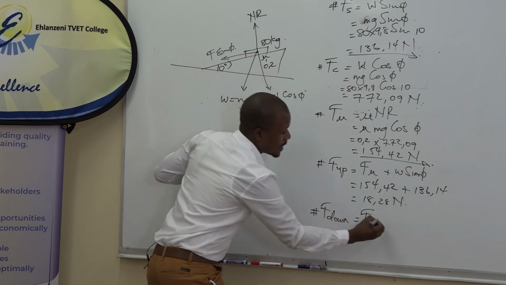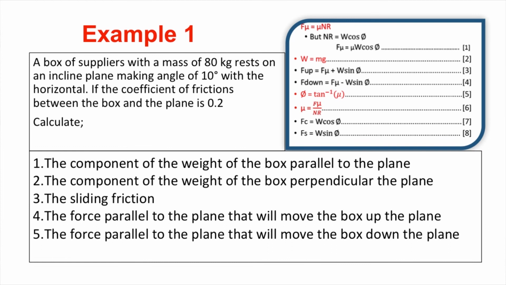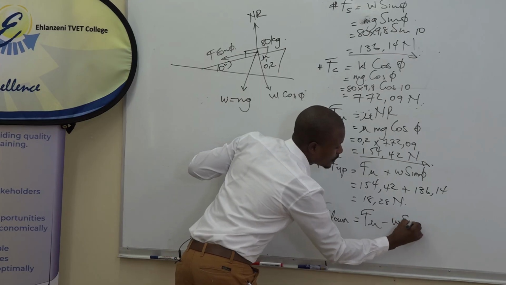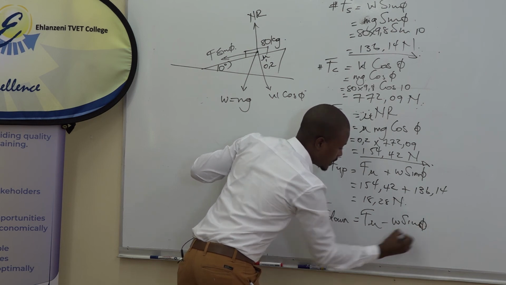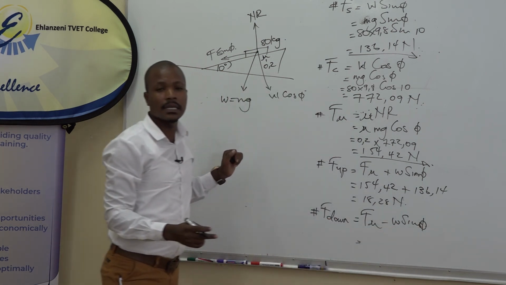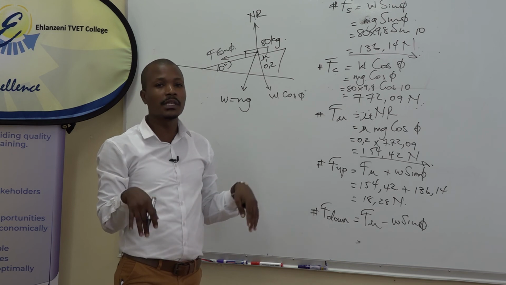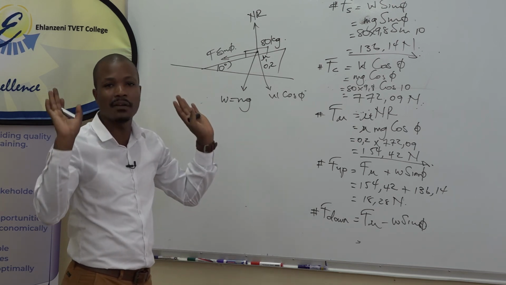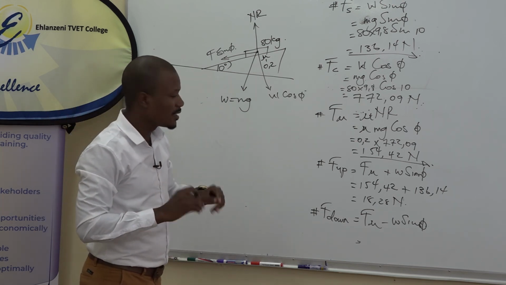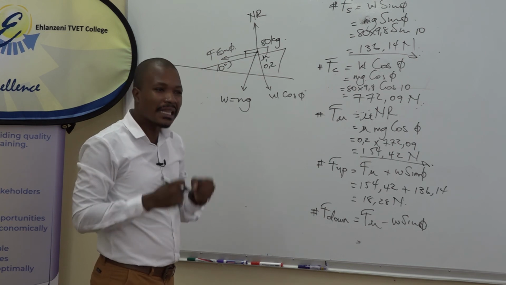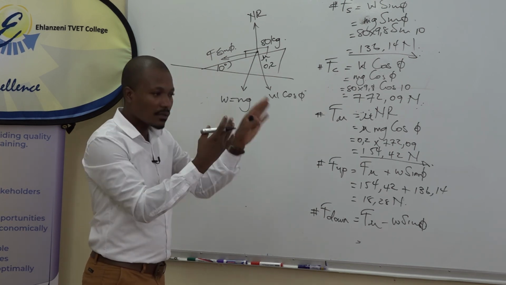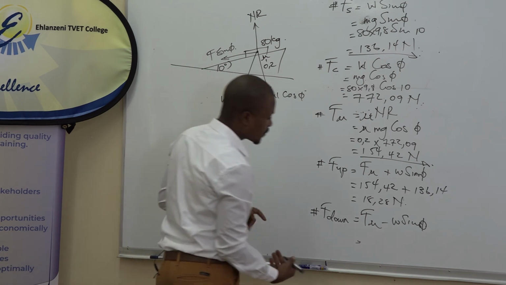Frictional force minus W sine theta. Why am I saying minus W sine theta? It's because the force required to move the object down is not a bigger force, it's just a small force. We don't have to oppose friction that much, because it's already sliding down. That is why we are saying minus.